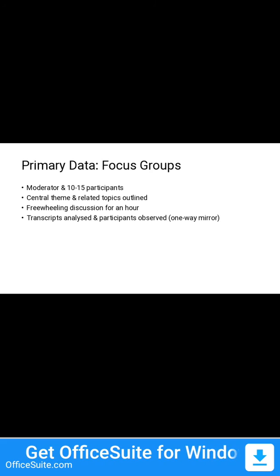Now, how does the analysis take place in the focus group? See, whatever the participants are speaking up, whatever they say, everything is recorded, and then transcripts are prepared. What is a transcript? Transcript is simply converting the audio into text. So whatever they have spoken, that has been recorded using a tape recorder or something like that, and then we write it down actually.